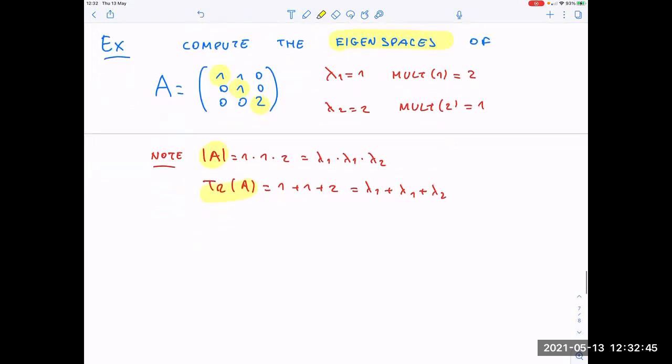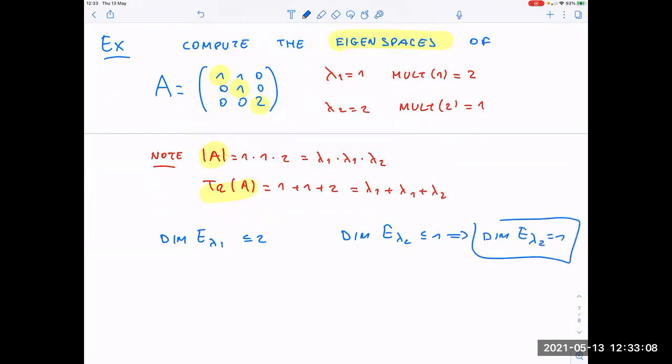So now we know that the dimension of E_lambda_1 is less than or equal to 2, and the dimension of E_lambda_2 is less than or equal to 1. So this means that the dimension of E_lambda_2 is exactly 1, because it is always at least 1, right? So computing E_lambda_2 is in some sense easier, because we just need to look at the kernel of the matrix you get by subtracting 2.